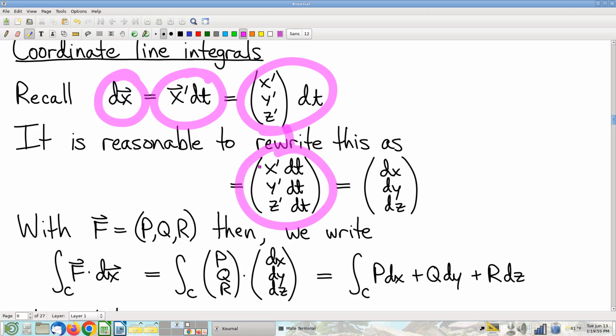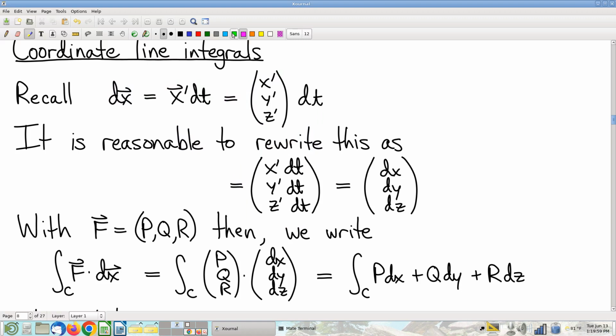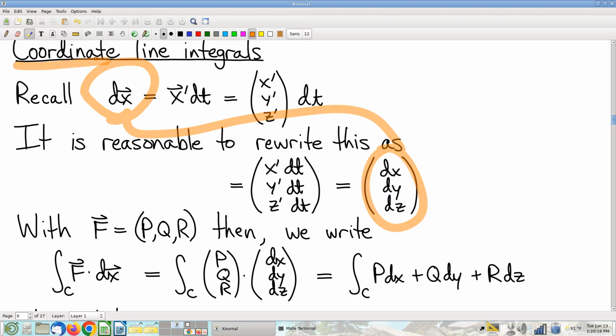Distribute the dt. And then, what are you going to call x prime dt? Well, dx, of course, right? That's pretty standard. And then likewise, this is going to be dy, and likewise, this is going to be dz. So what this tells us is an alternative coordinate notation for our differential. No big deal, really. But anyway, there it is.